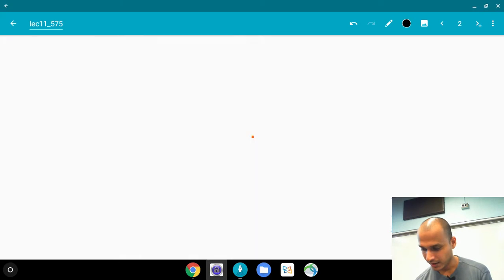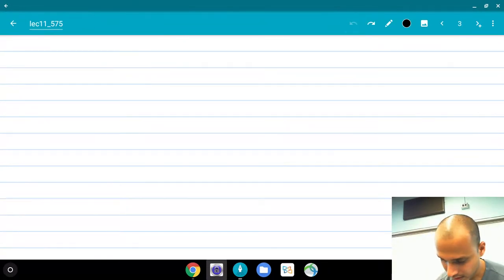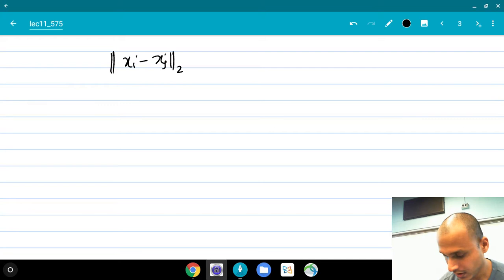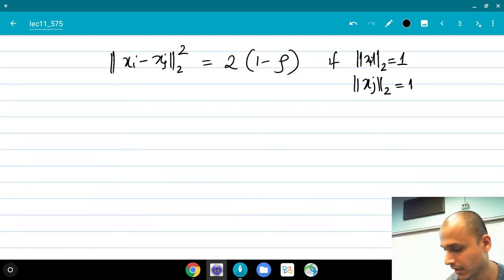Let me write it this way: xi minus xj, 2 norm squared, is equal to 2 times 1 minus rho, if norm of xi is equal to 1 and norm of xj is equal to 1.